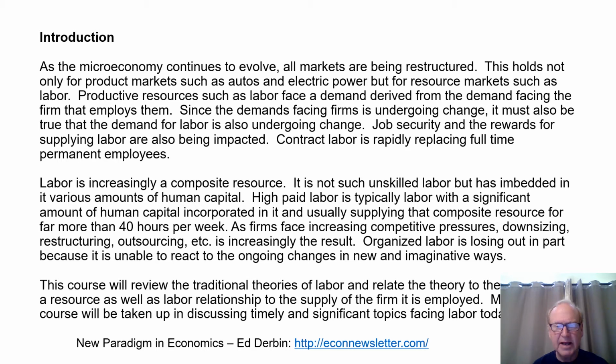You're being hired in order to produce products for the household as consumer. Very straightforward, and that's the justification for hiring you. So you have to pull your weight at the firm. You actually have to be productive in any job that you're at. This is the justification for hiring you.